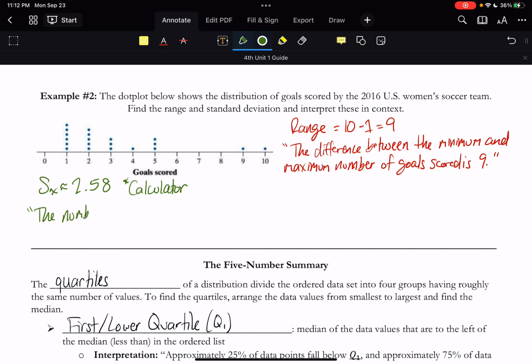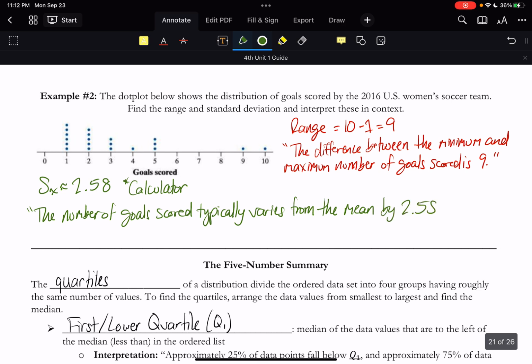We can say the number of goals scored typically varies from the mean by 2.58 goals. Okay, and again, that is what the number means in the context of the scenario.